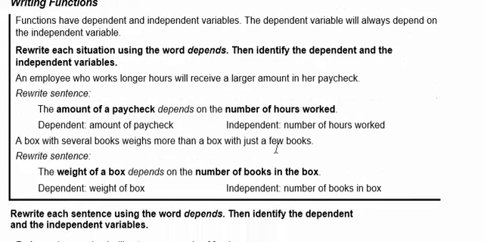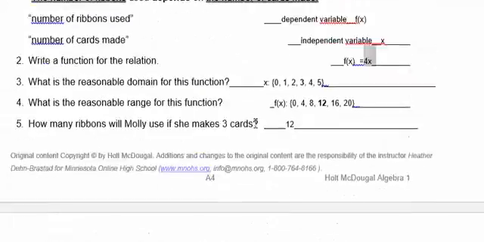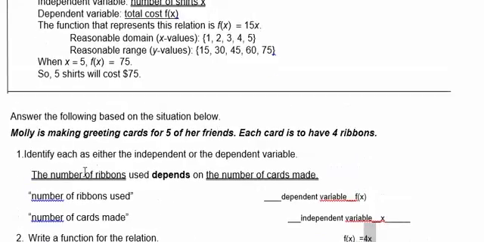Okay, the next page of the worksheet talks about a little bit more about the same thing, and this time they ask you to rewrite each sentence using the word depends. And you can remember that once you do that, the phrase that we put in front of the depends, that is the dependent variable.